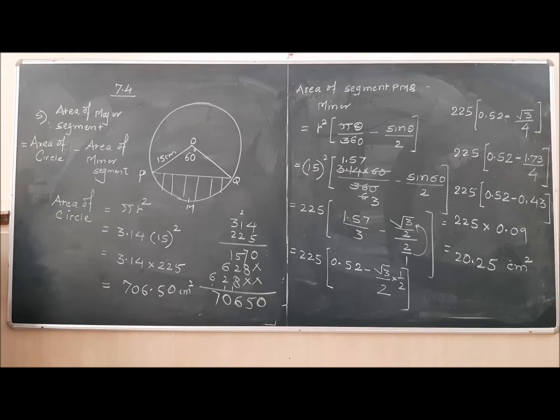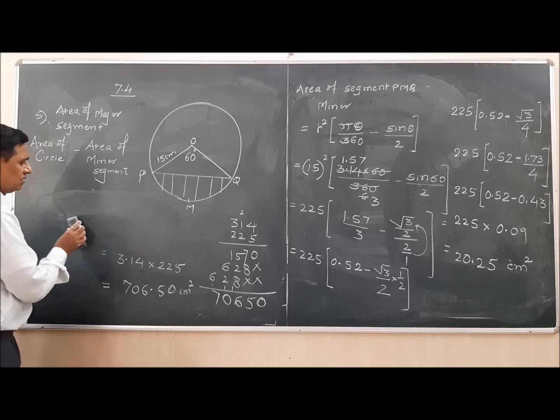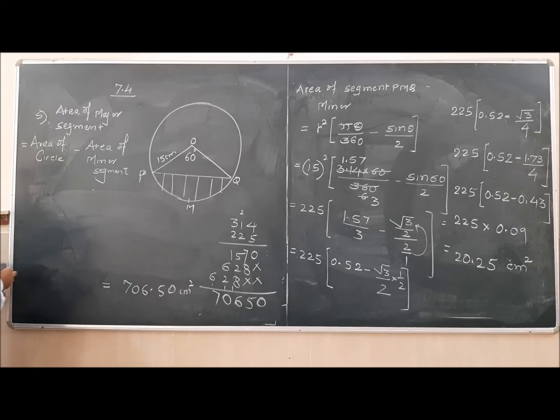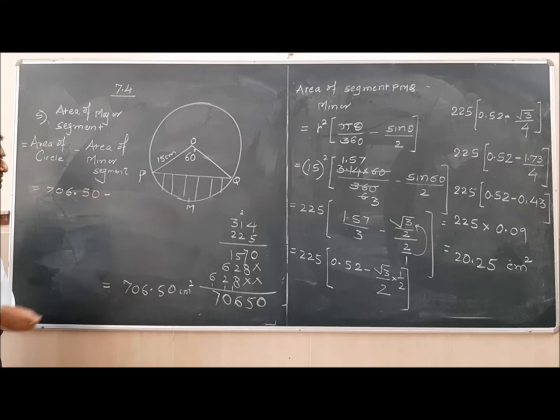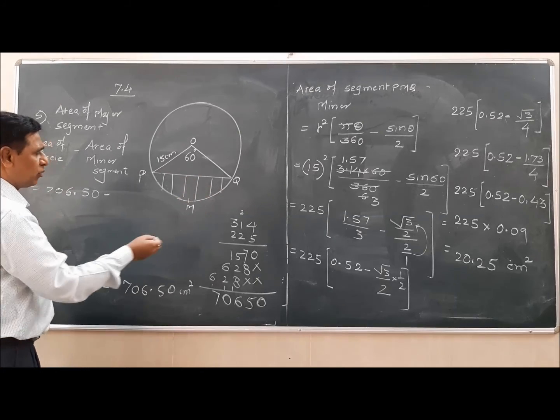That is equal to, now you will find that the area of the circle is 706.50, so 706.50 minus 20.25.